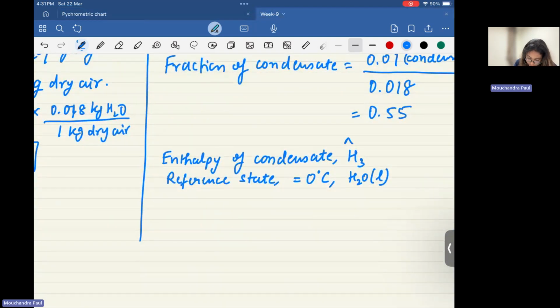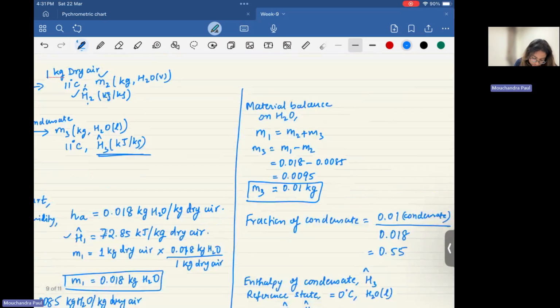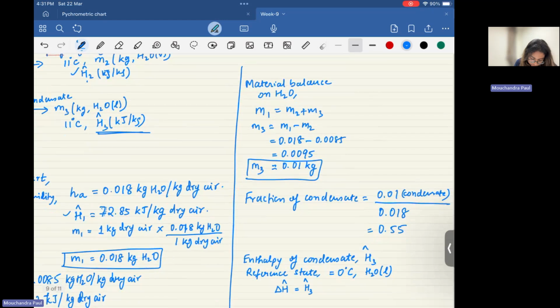With respect to this, delta H will be basically H3, and your final state is this 11 degrees Celsius.